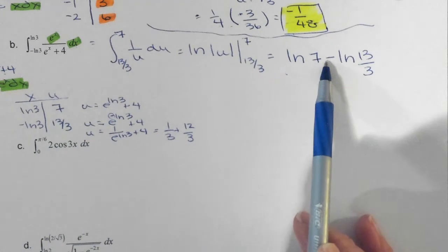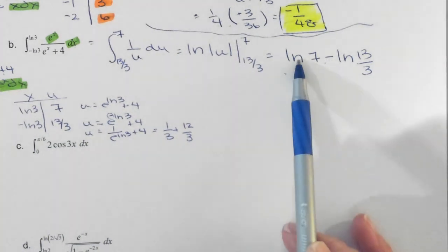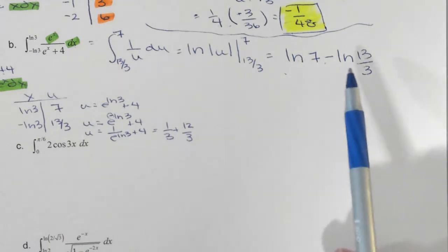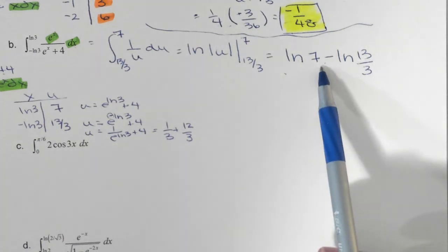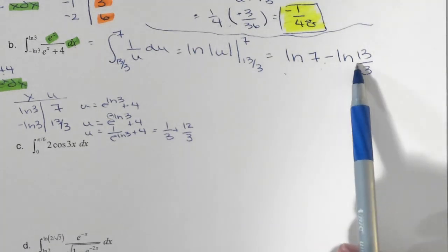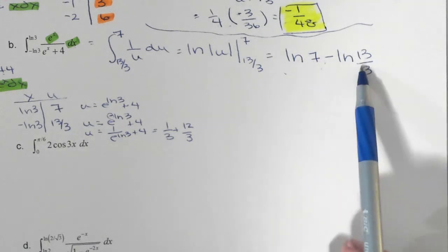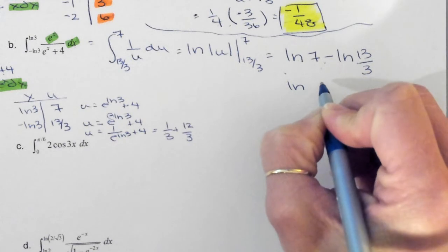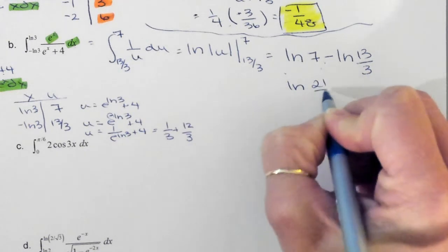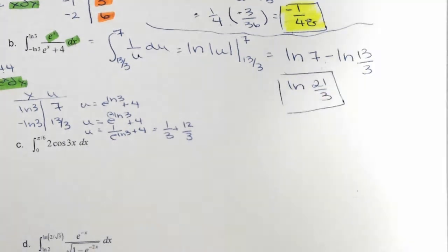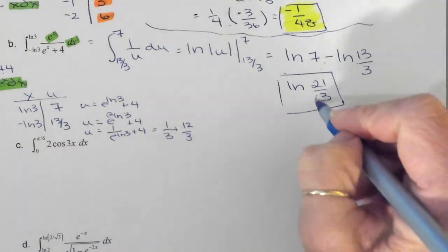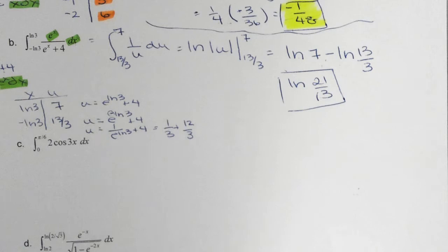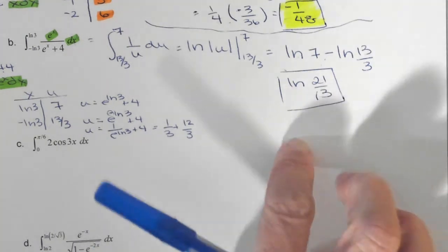Remember, when you are combining logs, whether it's log base e or any other base, this becomes division, right? So it's this divided by this, which is really this times the reciprocal of this. So it would be the natural log of 21/13. This is in its simplest form. Questions?